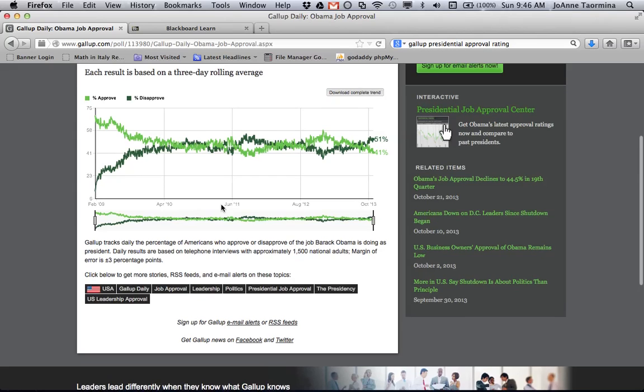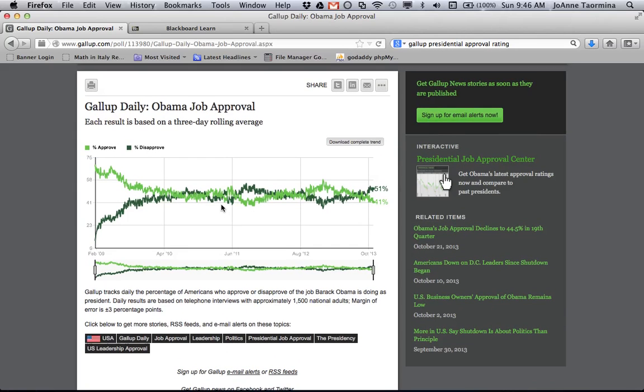And what you see here is the job approval rating today. And if you hover your mouse above the data at any point in time, you see the approval ratings and disapproval ratings change as you progress through the graph.